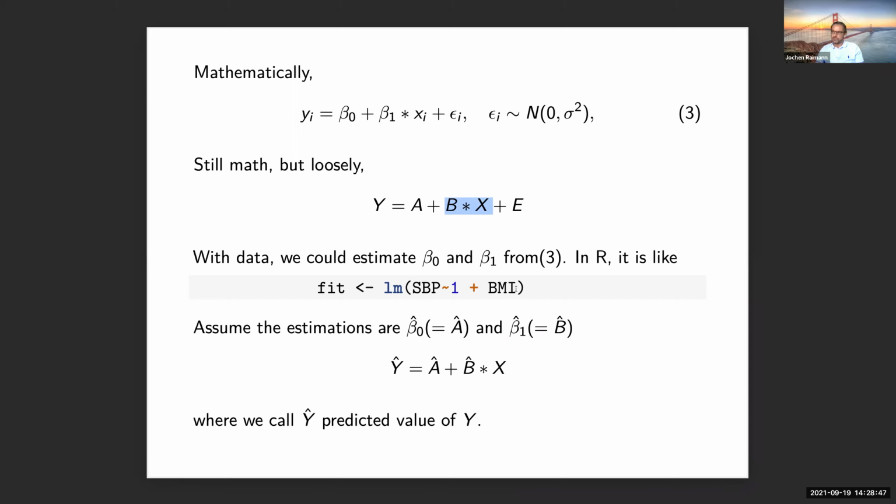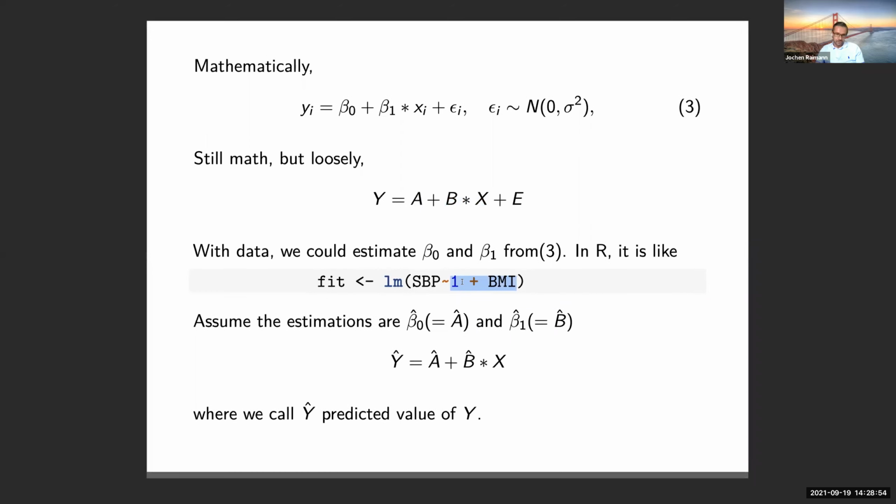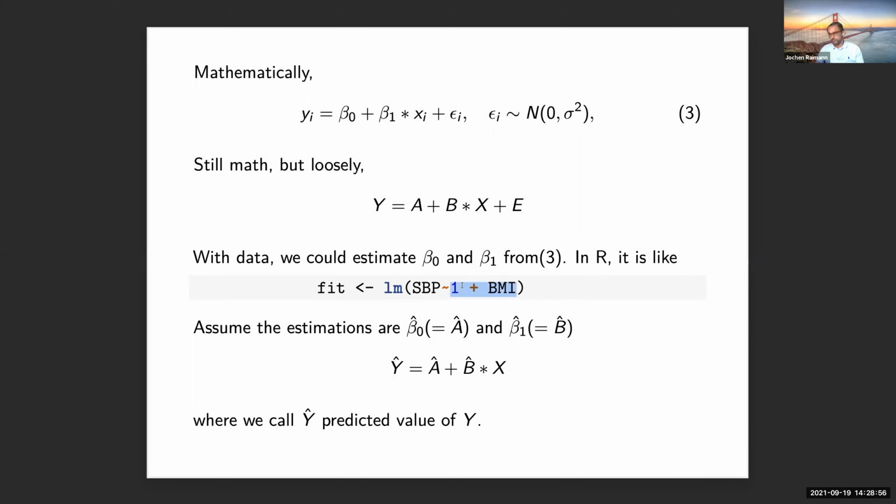In R, this would be formulated like this. Add the 1, the +1. Professor Sang has added this pretty much every time he's coding for that. And I tend to agree with him that it's the proper thing to do, because even though it's the default, it's always good to be very precise in what you're meaning to show.